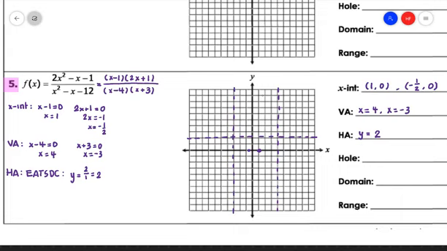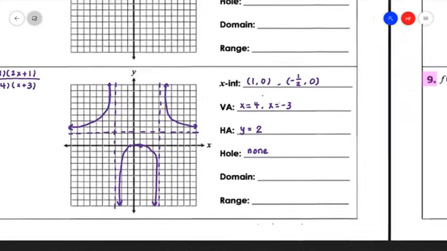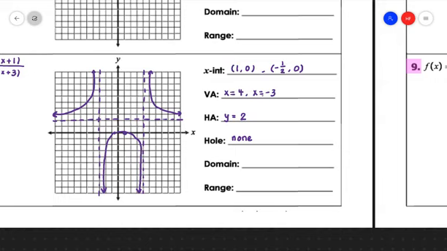We have no holes since nothing canceled out. I'm going to draw this in. And then we'll write in our domain and our range. So for our domain, all of our x values, we can see a couple places where we're stopping.